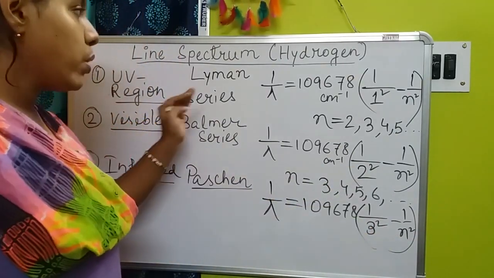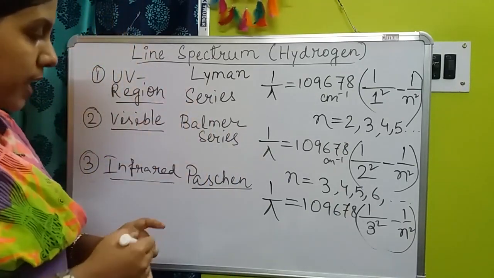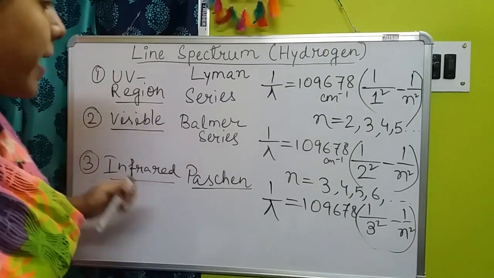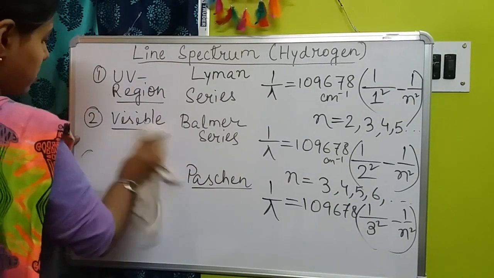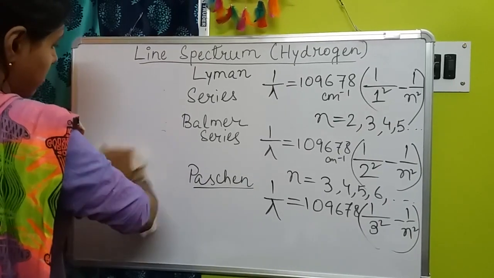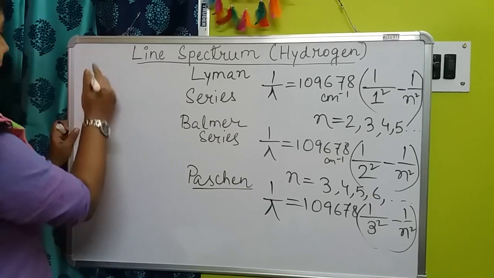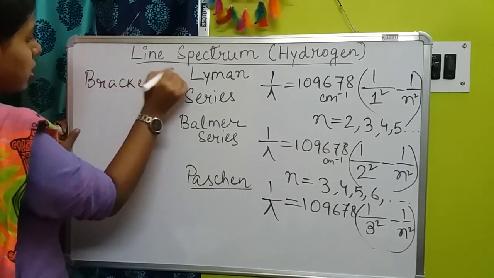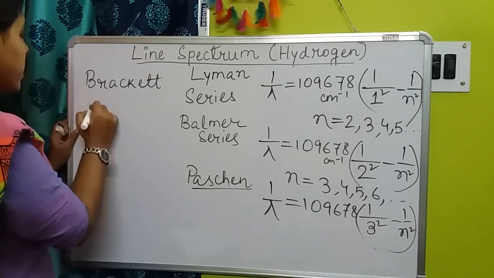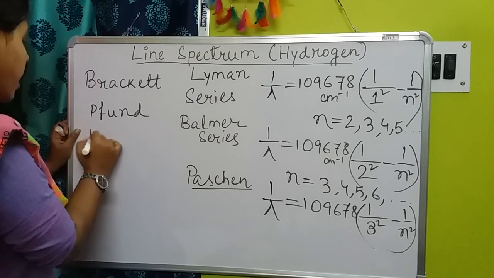So in this way we will get a total of 6 series. First one is Lyman, second one Balmer, third one Paschen, fourth one will be Brackett, fifth one is Pfund, and sixth one is Humphreys.